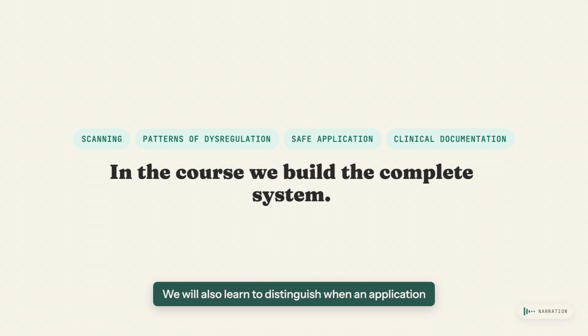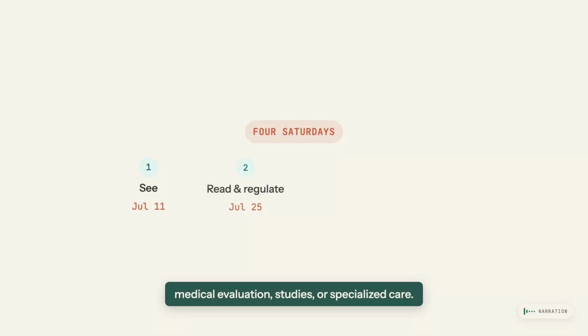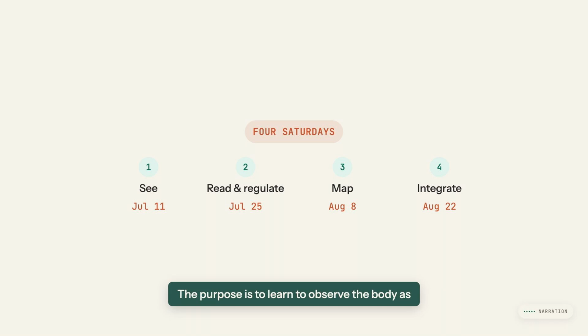We will also learn to distinguish when an application can be complementary and when the patient needs medical evaluation, studies, or specialized care. The purpose is to learn to observe the body as a dynamic system.